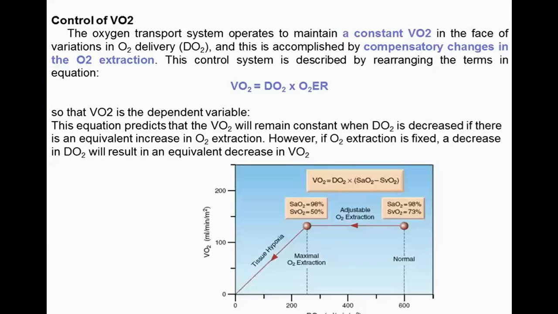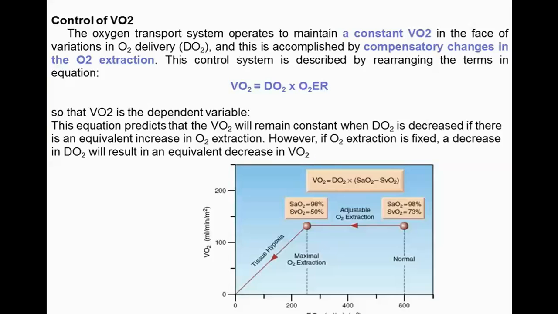So here, is this normal? Is this oxygen delivery normal? It's normal, 600. The oxygen uptake, how much? As we said, 150, 160. And here the arterial saturation is about 98%, and venous saturation is 73%.